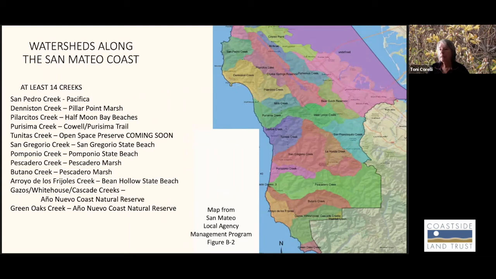The seasonal wetlands are shrinking a lot. They're not lasting as long. And the native plants that are growing there are often being overrun by non-native plants that are taking advantage of the wetland areas as well.